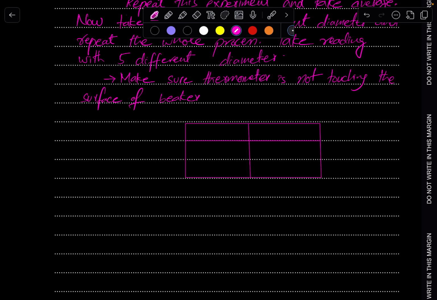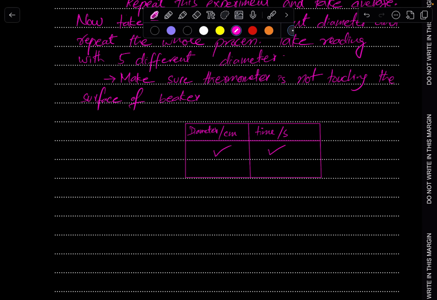What we have measured: the diameter, whose units will be centimeter, and the cooling time, in seconds. Or you can make the table with the diameter and the temperature as well. Both are correct, you have to choose one of them. This will compare how changing the diameter will change the cooling time.